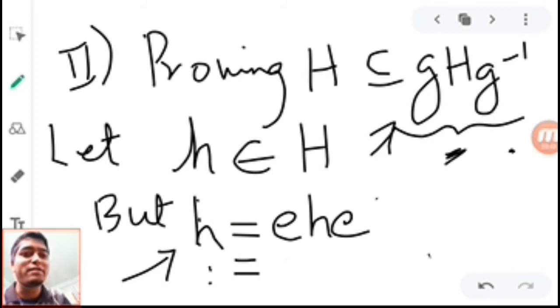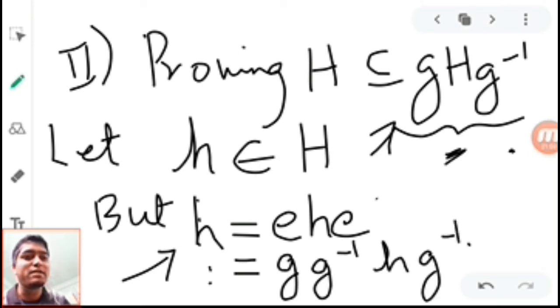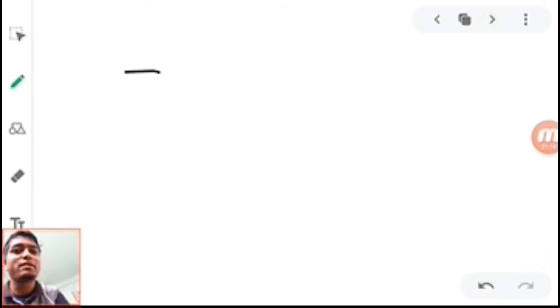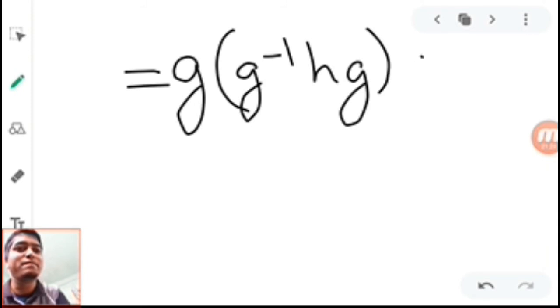So I've introduced G from the beginning, but then we have to write G inverse so that it won't change. G inverse G will be equal to E. It doesn't change because we multiply G and G inverse, which gives you E. So it can be written as G, G inverse h G, G inverse.